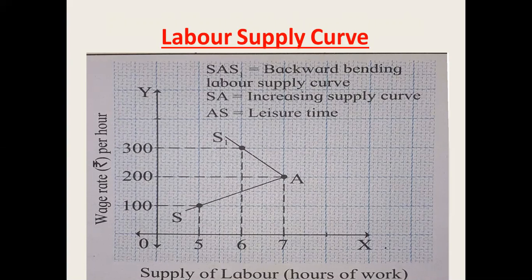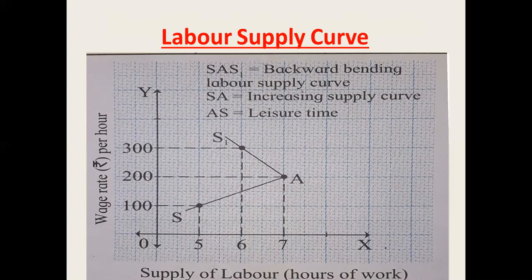First of all, the OX axis measures the supply of labor, the hours of work, and the OY axis measures the wage rate per hour in rupees. SAS1 is the backward bending supply curve. The supply of labor, the hours of work, is shown on the OX axis. And as I have discussed, this curve is backward bending.